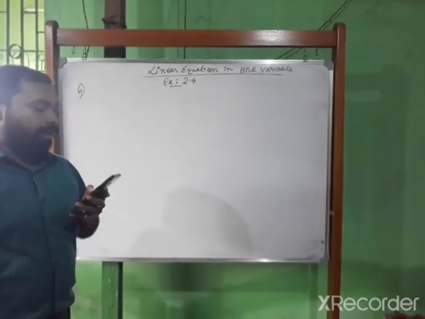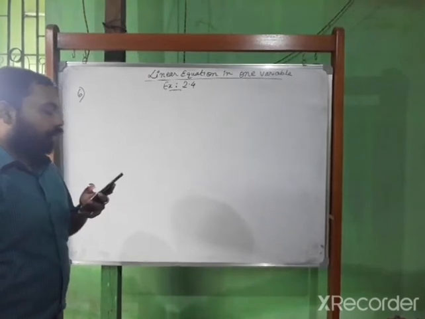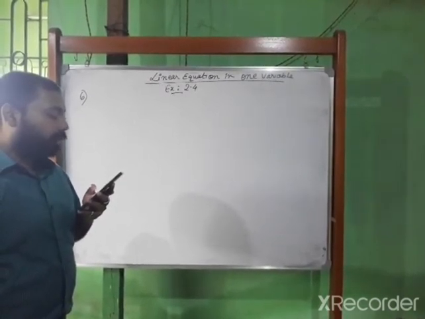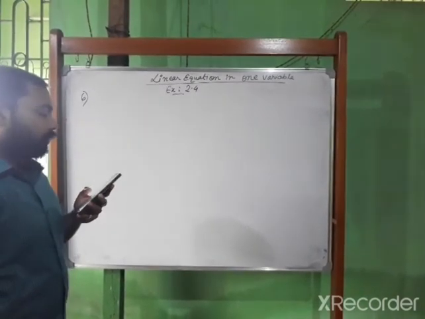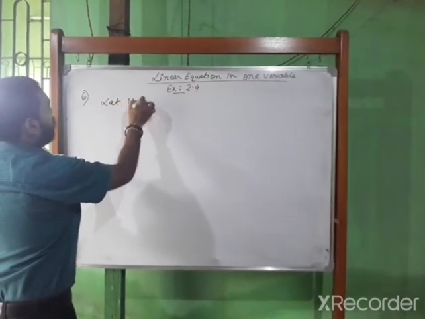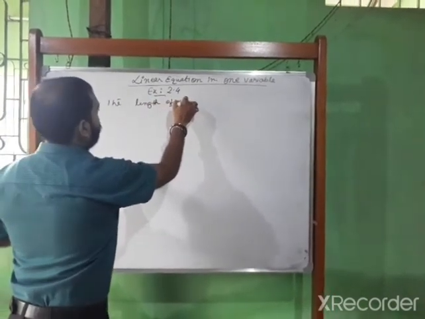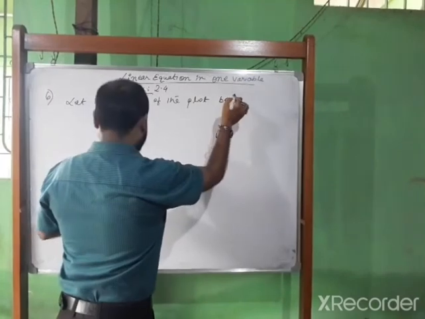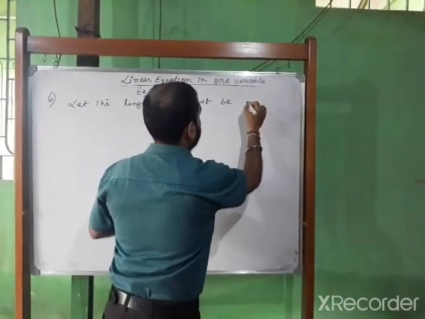Now question number 6. There is a narrow rectangular plot reserved for a school in Mahuli village. The length and breadth of the plot are in the ratio 11:4. So let us consider, let the length of the plot be 11x.